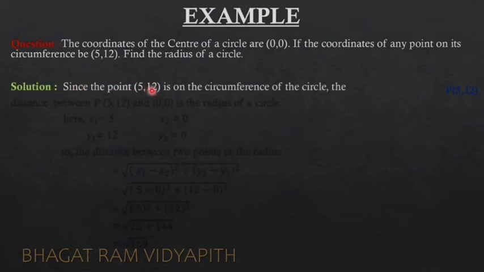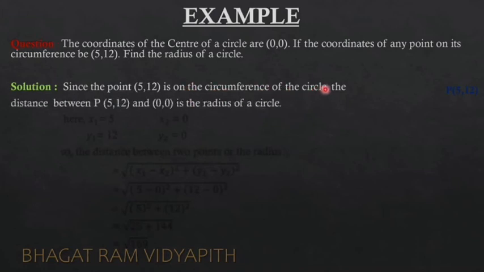Since the point (5, 12) is on the circumference of the circle, the distance between P, we are assuming the point (5, 12) is any point P, and (0, 0) is the radius of the circle. Collection of data: x1 is 5, x2 is 0, y1 is 12, y2 is 0. This becomes easier if we understand with the help of a graph.